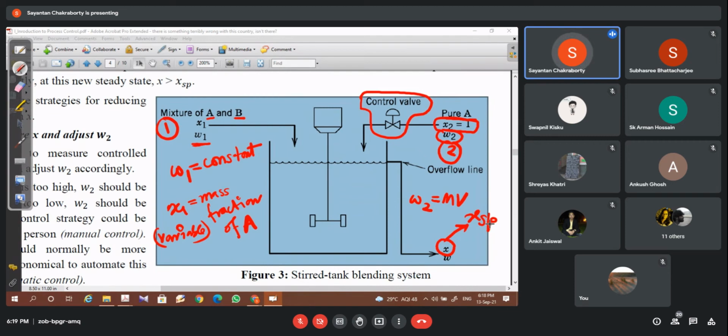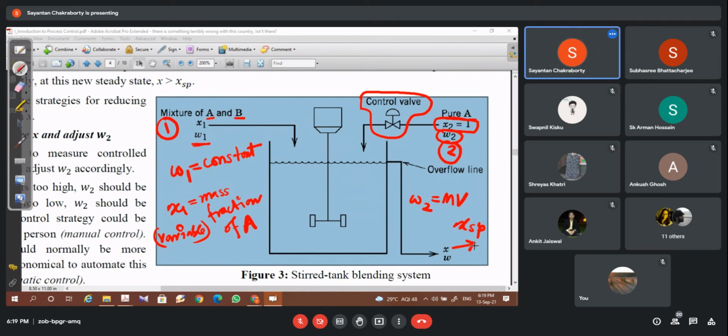The concentration of A in the outflow stream is given. And obviously its stream flow rate is W. It's also given. So you have to maintain a stream flow rate of W at output with mass fraction XSP for component A at the outlet.